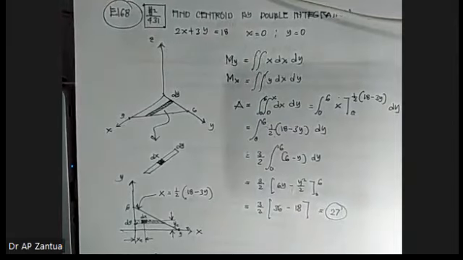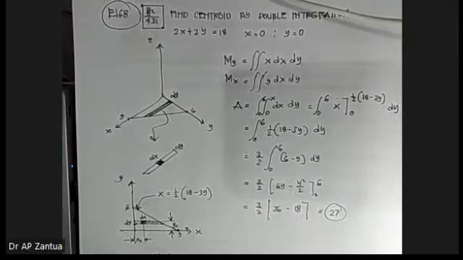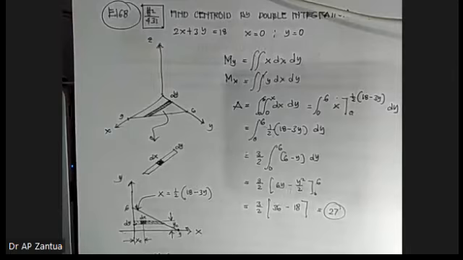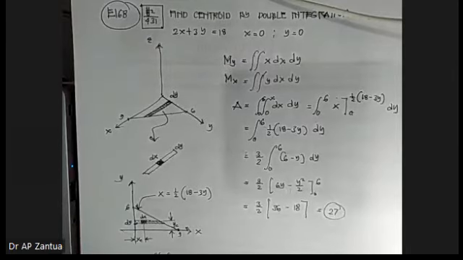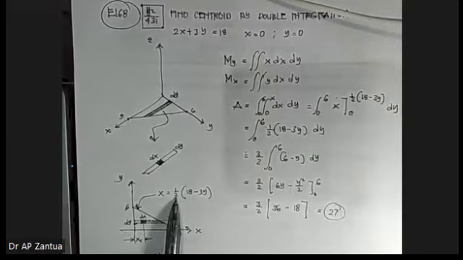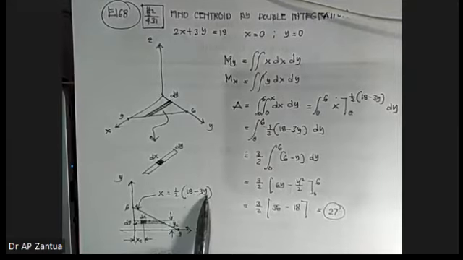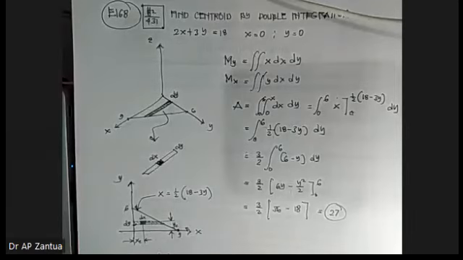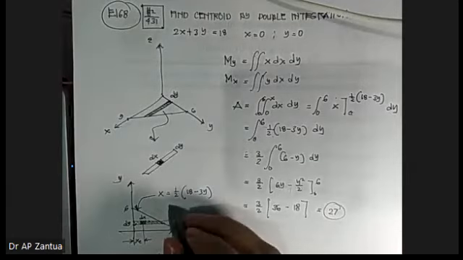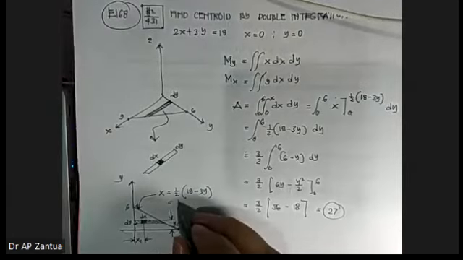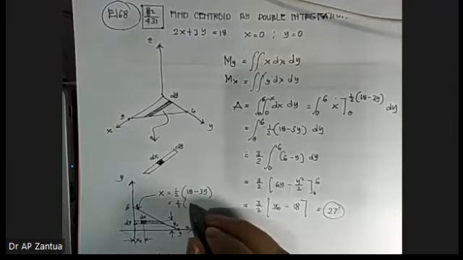The inner integral is from 0 to x, which is 1/2 (18 minus 3y). Or you can simplify this into 3 halves (6 minus y).